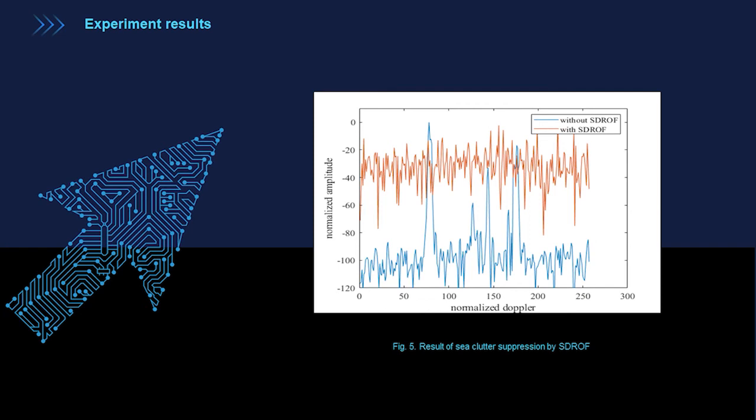Irrelevant training samples will seriously affect the performance of the model, thus influencing the suppression effect of the algorithm. And the CDROF applies fewer relevant samples, which cannot mine rich hidden C-clutter information.